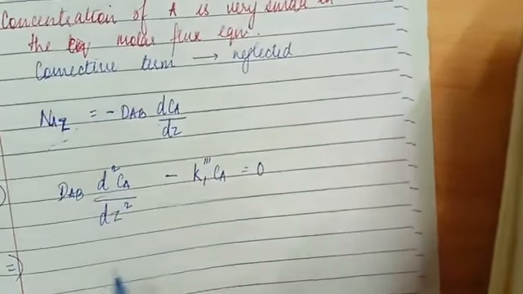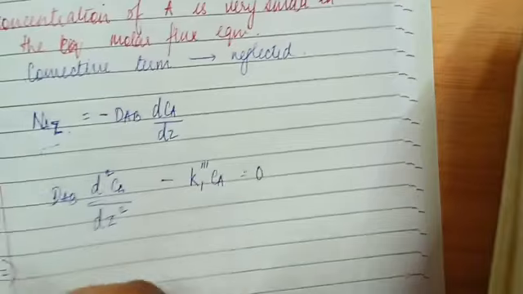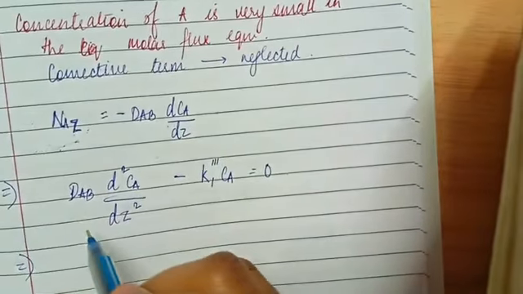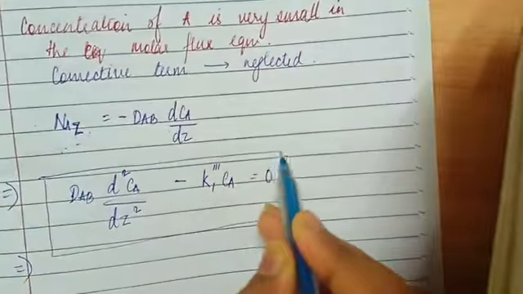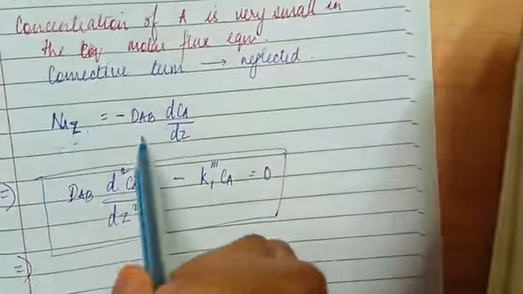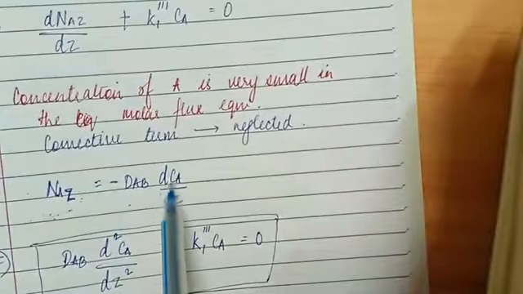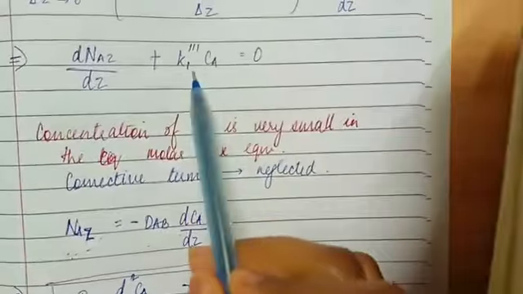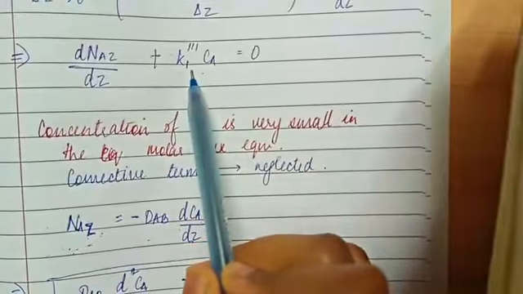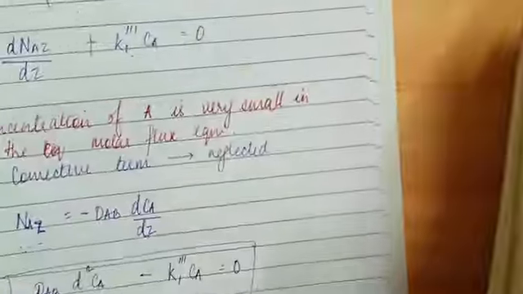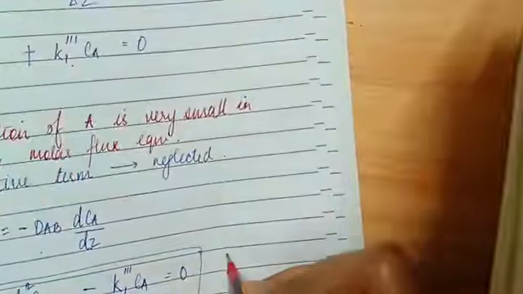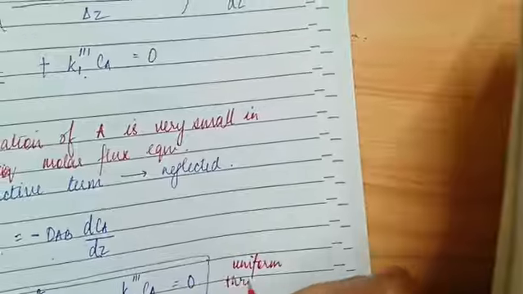This is the equation which we get when we put NAZ as minus DAB dCA by dZ into the shell mass balance equation. And this happens because the total molar concentration C is almost or virtually uniform throughout the liquid.